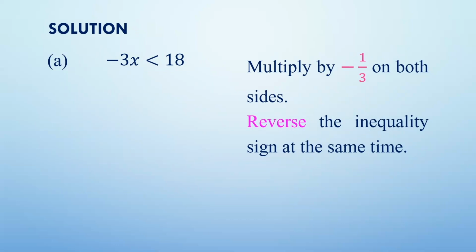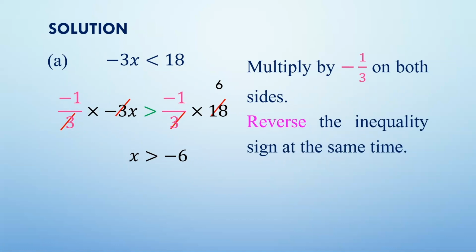So I will have to reverse the inequality sign at the same time. So you can see here, I had less than. When I'm multiplying by negative 1/3 on both sides, the inequality sign has changed. It has reversed. So I'm going to have x greater than negative 6.